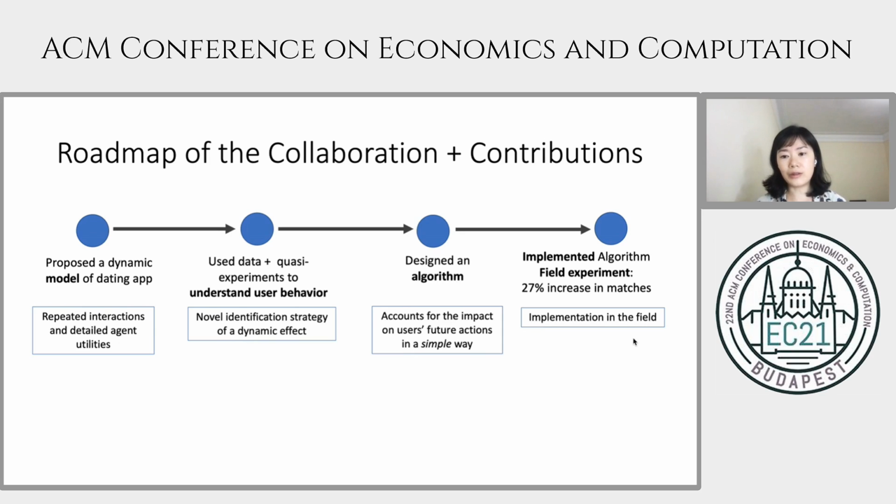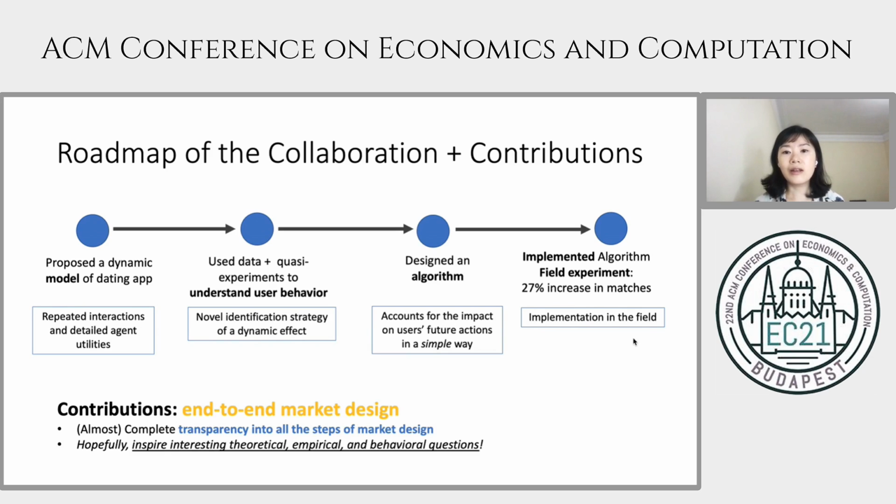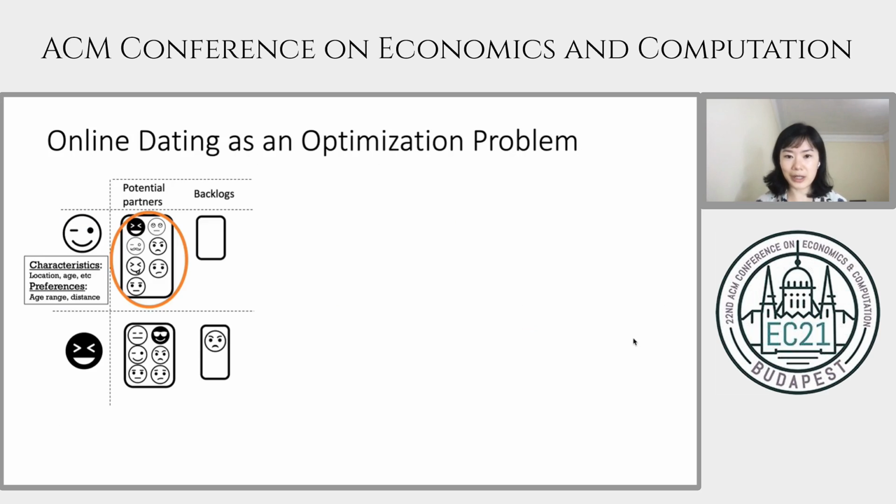And we show that our algorithm achieves a 27% increase in total number of matches compared to the default algorithm used by our platform. We think of this as end-to-end market design, and we hope our work would inspire interesting theoretical, empirical, and behavioral questions. So how does our model look like?